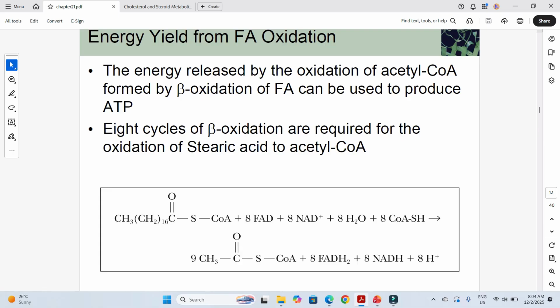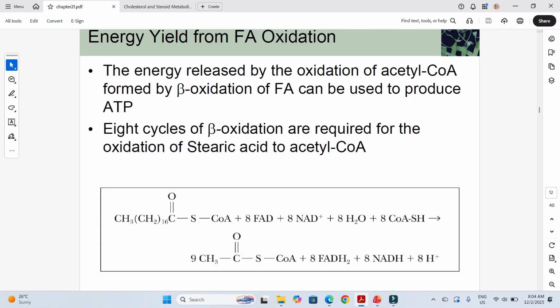So in this case, you have 18 carbons in stearoyl-CoA. It's going to require 8 beta oxidation cycles, so 8 FADH2 and 8 NADH are going to be formed, and you're going to generate 9 acetyl-CoA, right?